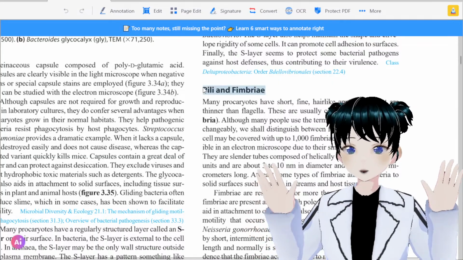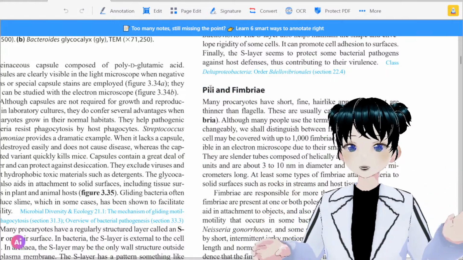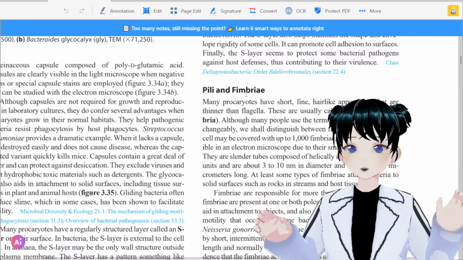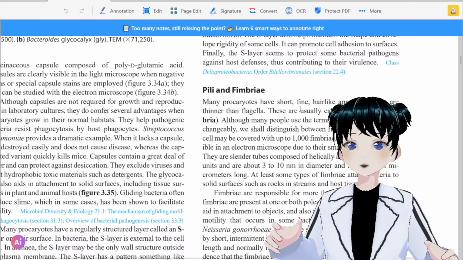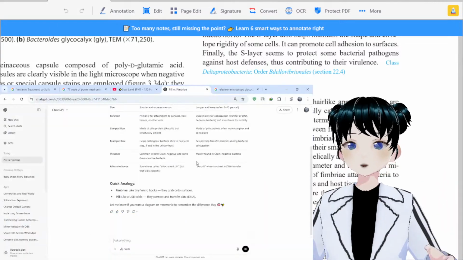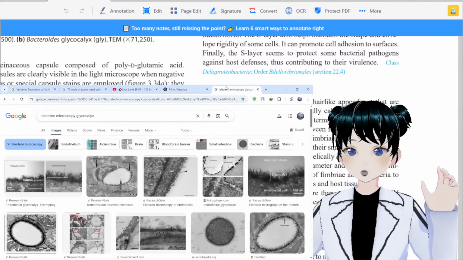First, let's know what the pili is. These are filament-like structures, and they surround the cell. Wait, let me show you.